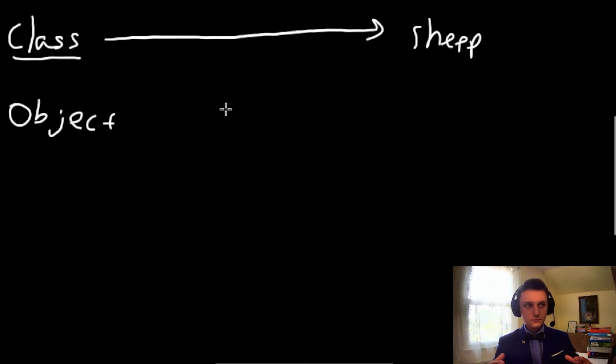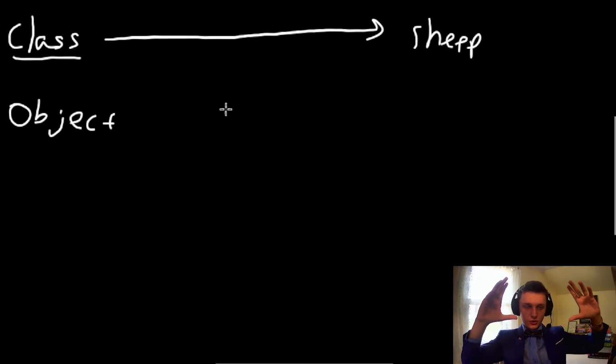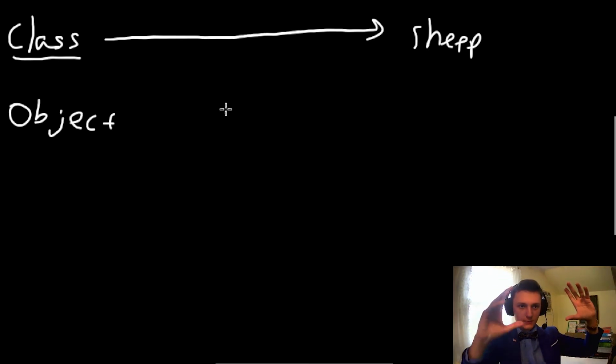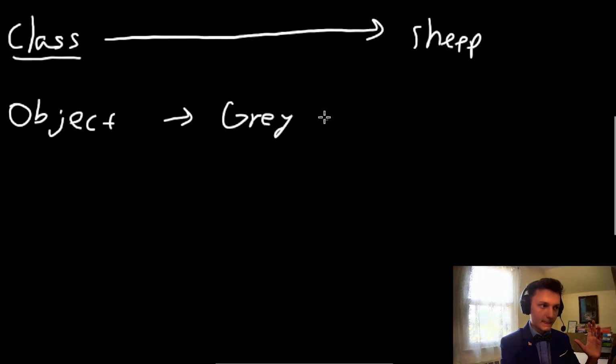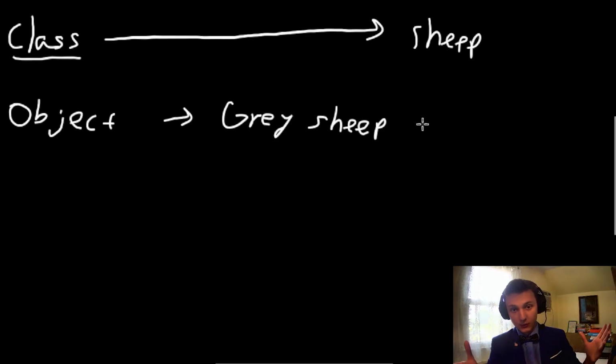You have a general structure, a general framework, which is the sheep, and then the object would be a specific instance of that class. The object would be like a gray sheep that has 20 HP and came into existence 20 seconds ago.